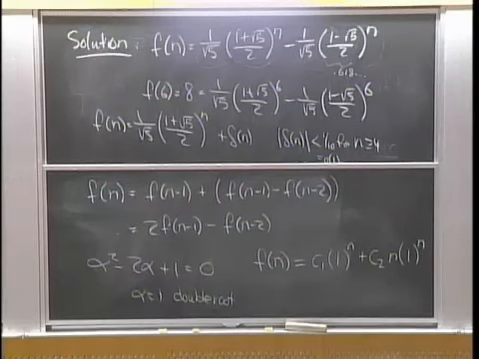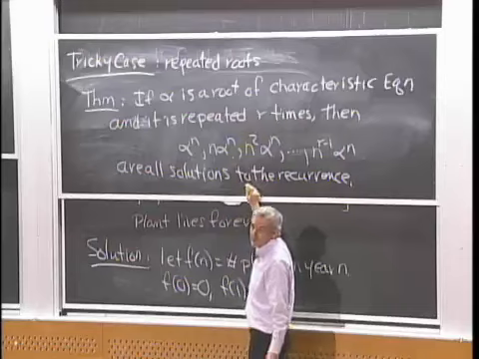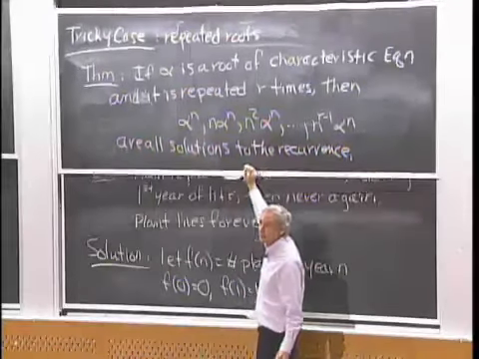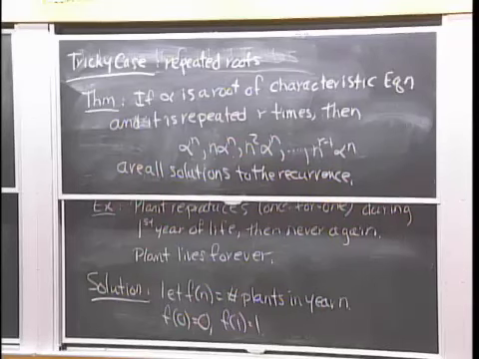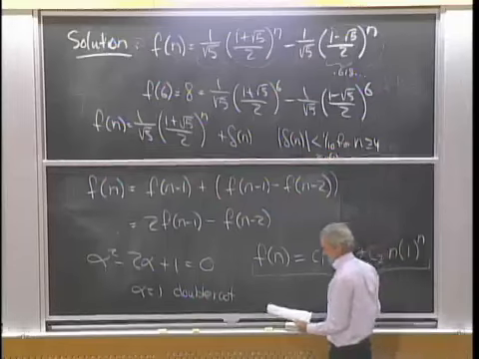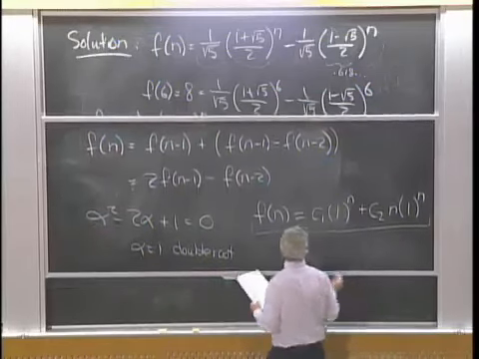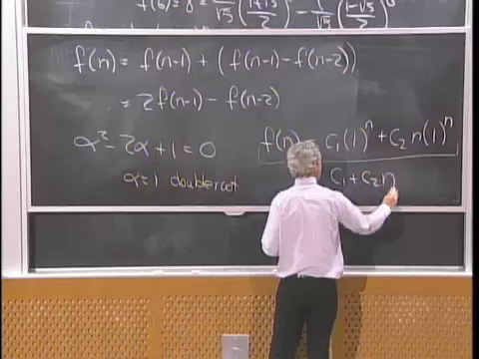Because I've got a root that's repeated twice. So I have alpha to the n and n alpha to the n. It just happens alpha is 1, which makes it really easy. All right, so this is now my solution before the boundary conditions. In fact, that gets even simpler. That's c1 plus c2 times n.